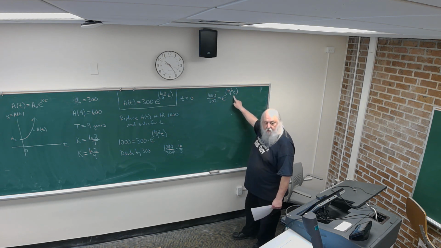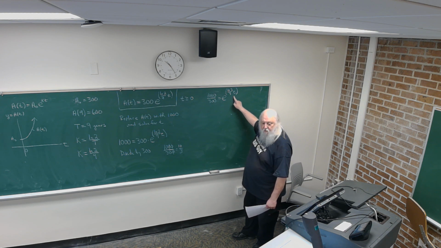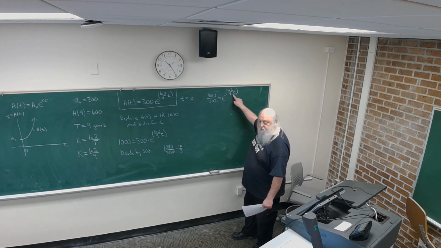Now the variable we're solving for is in an exponent, right? If you have to solve for a variable that's in an exponent, what are you going to need? Begins with an L, an O, a G, an A. Logarithm, right? It takes a logarithm to solve for a variable that's in an exponent.